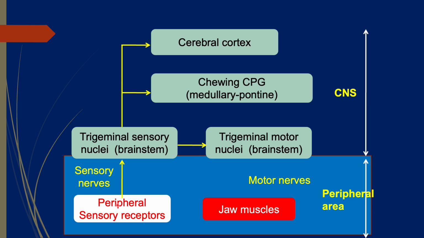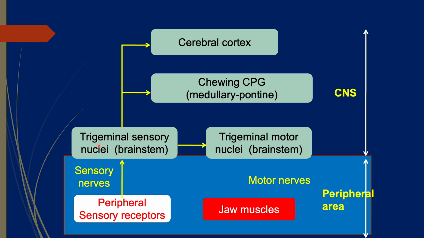About the activities of the neuromuscular system. The information comes from the peripheral sensory receptors, like the periodontal ligament, oral mucosa, lips, cheeks, tongue, muscles, and temporomandibular joint. All information is transmitted mainly to the trigeminal sensory nuclei in the brainstem via the first afferent neurons.